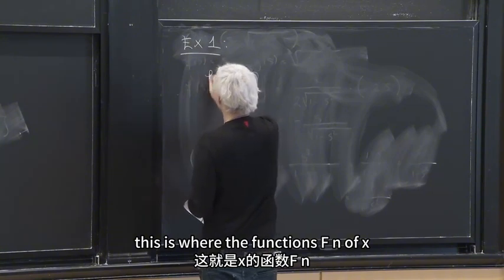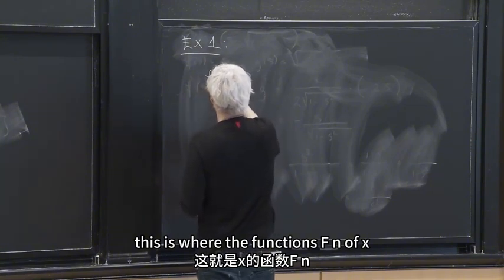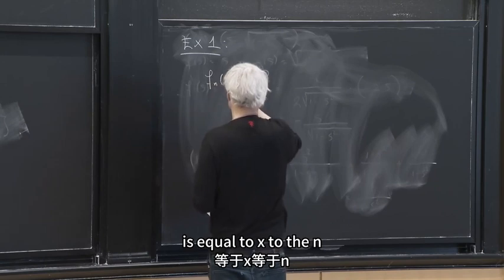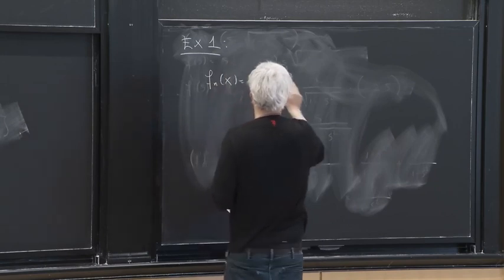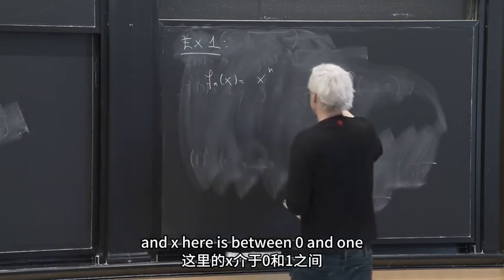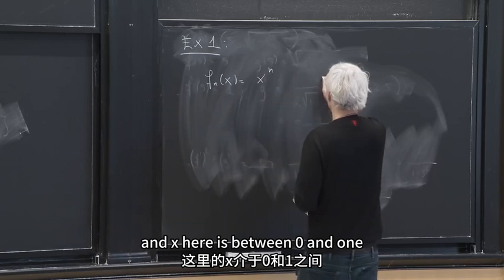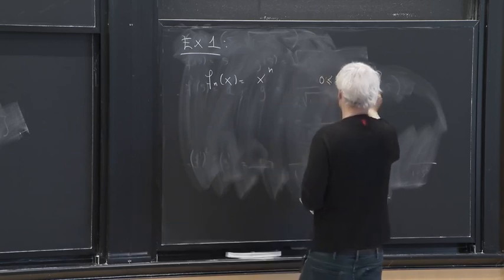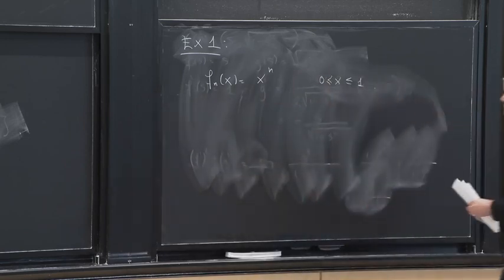This is where the functions fn of x is equal to x to the n, and x here is between 0 and 1.